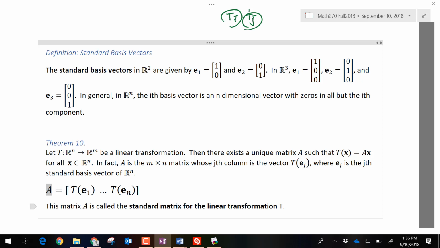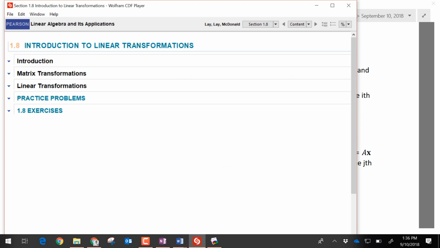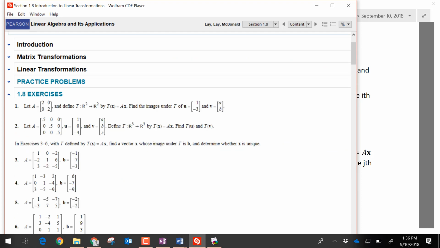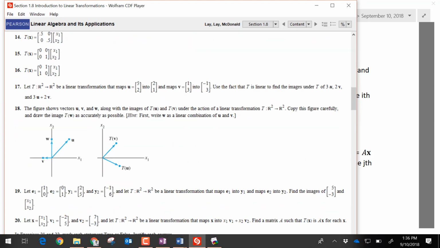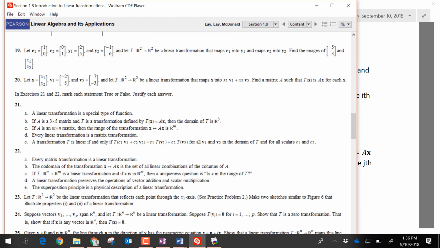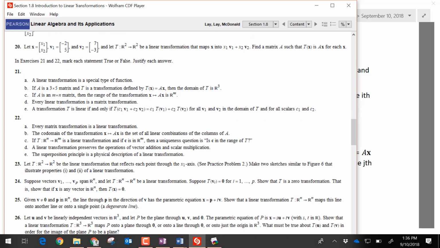Any questions so far? Yeah. So if you were to get a problem like this on a test, instead of memorizing all these different transformations, would there be a way to derive these transformations?